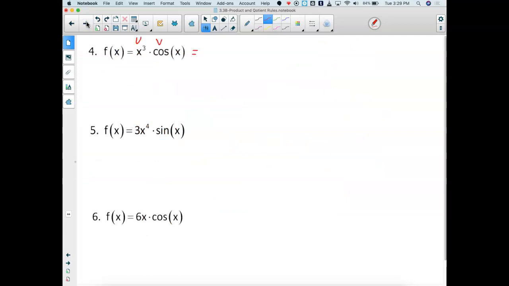Well, hopefully if we looked at this, we're saying, oh, f prime of x is going to be, and it makes no difference how you do it, we're going to have an addition here. We have a u, we have a v, and if I took the derivative of the u here, I got to have a v prime times a u prime, okay? First one and the second one.